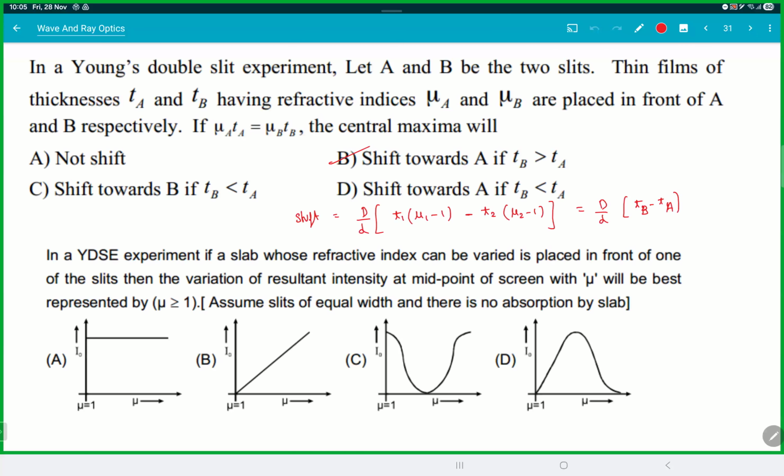How can you compare when a light ray goes through two different mediums? Can you just subtract the regular distances and say the path difference will be the same? So you have to bring them to a common platform, right? It's like saying, let's say I have 100 rupees, you have 100 euros. Can I say we have the same amount of money because we both have 100 and 100?